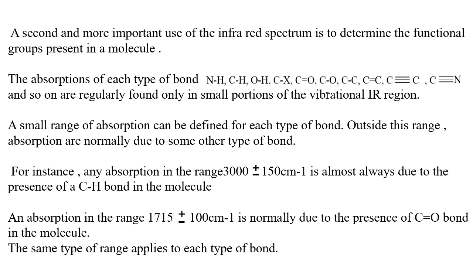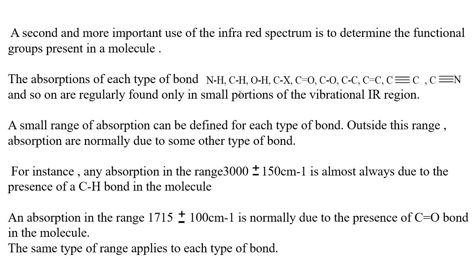These are all functional groups, and they are regularly found only in a small portion of the vibrational region or IR region. Each of these groups is usually found in a small frequency portion of the vibrational IR region.